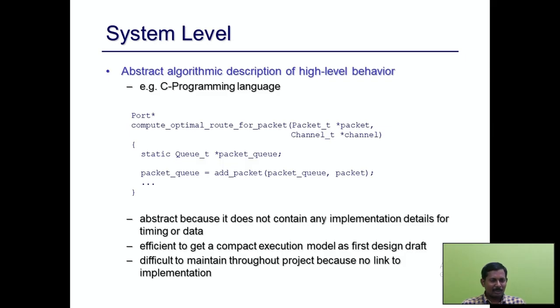It uses a higher level language, for example the C programming language. So any kind of functionality we describe using higher level languages, and based on the input during execution, it gives the respective output.